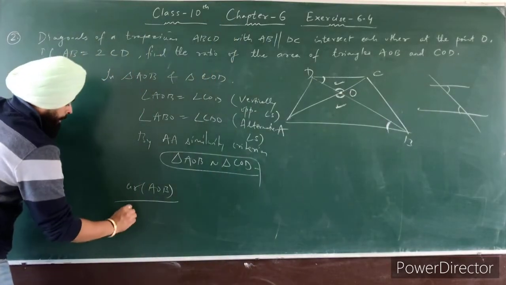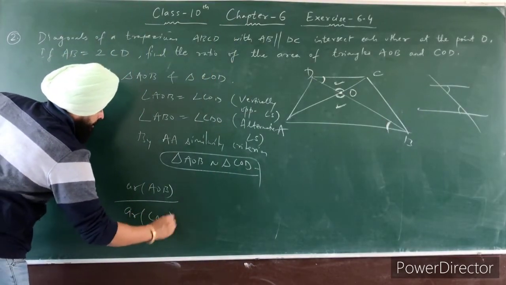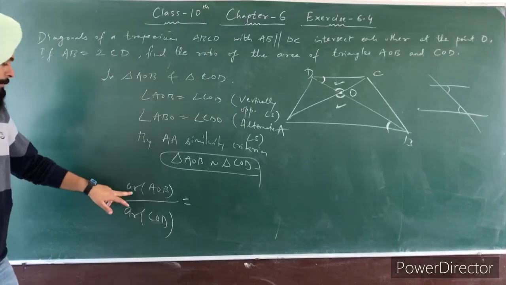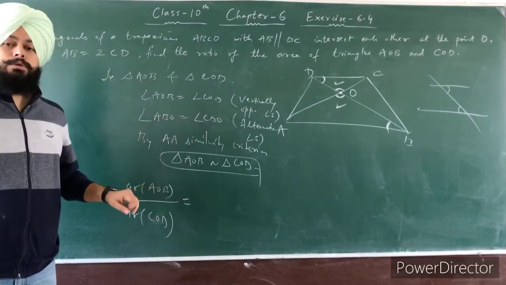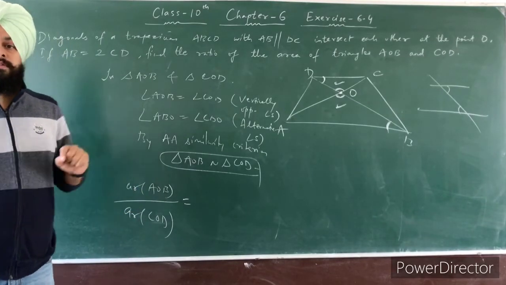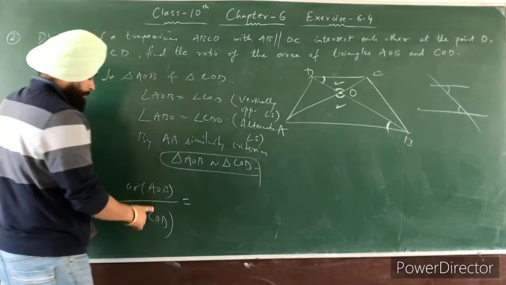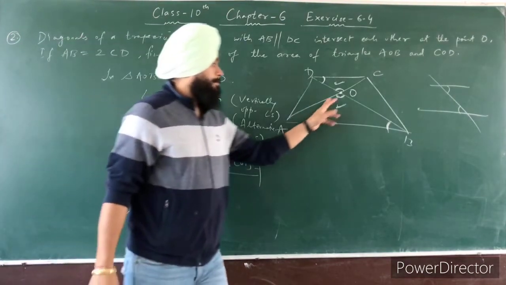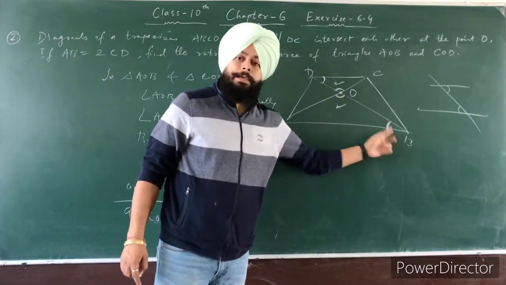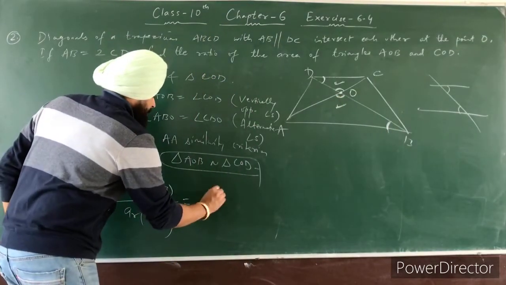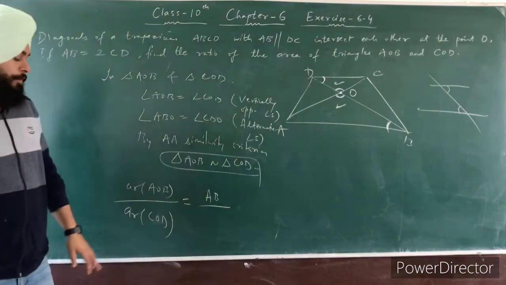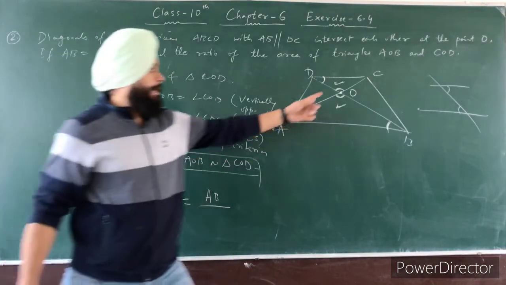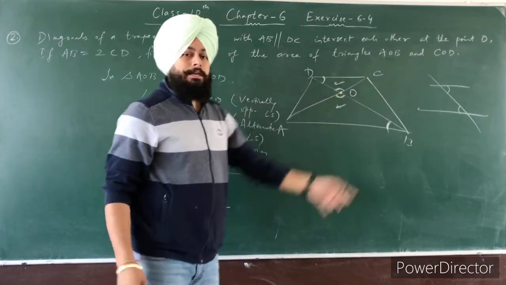Area of AOB divided by area of COD. So which side will you take of this triangle? You will take side AB. And from the other triangle COD, you will take which side? CD.